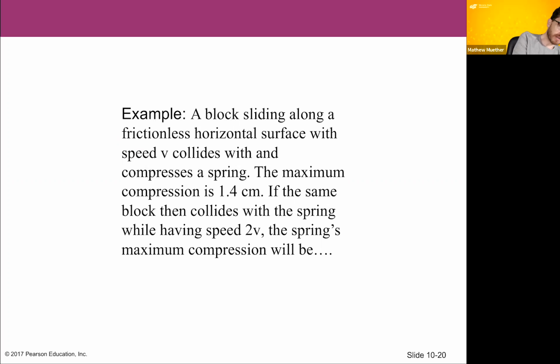We wrote down an equation yesterday that if I have some initial kinetic energy and some initial potential energy, and there's some work being done by, say, some friction, that has to be equal to the final kinetic energy and the final potential energy. This work done by friction is going to be my change in my thermal energy.